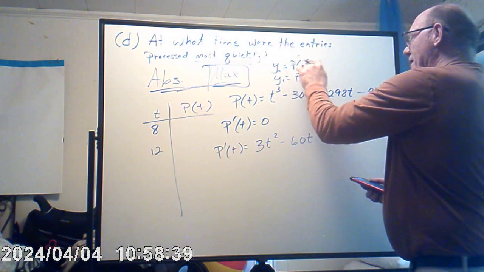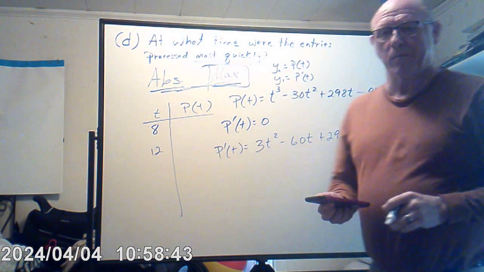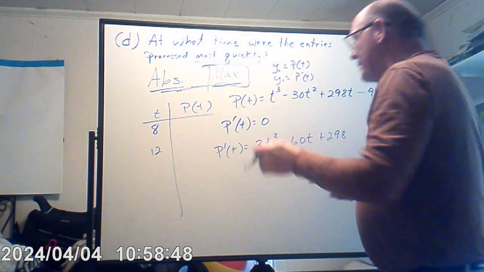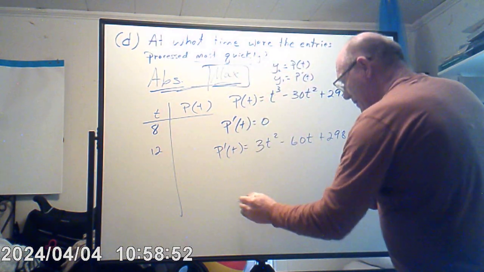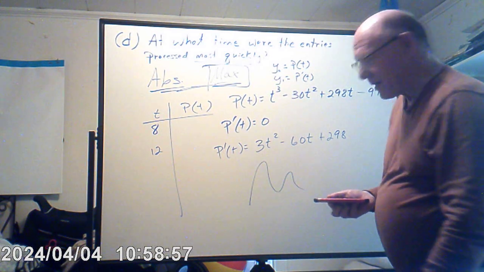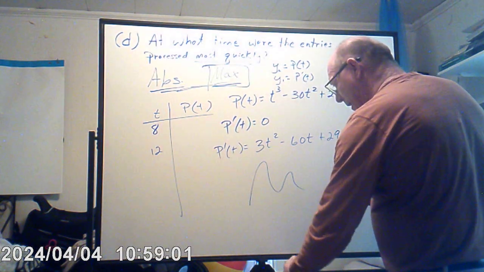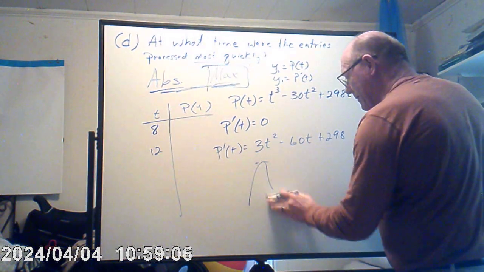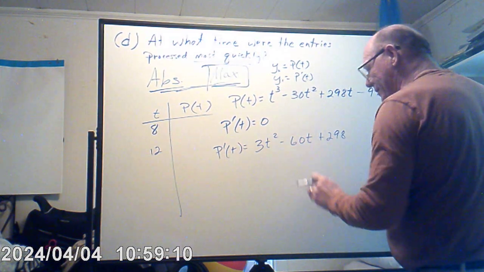If I did just this one, I'd have to find out where my maxes are. And you could do it either way. There's going to be 2 maxes. One's going to be probably a little higher than the other, like that maybe. See, this is a max here, and this is a max here. But what I did is I just graphed this. This is a parabola, a little bit easier to look at.